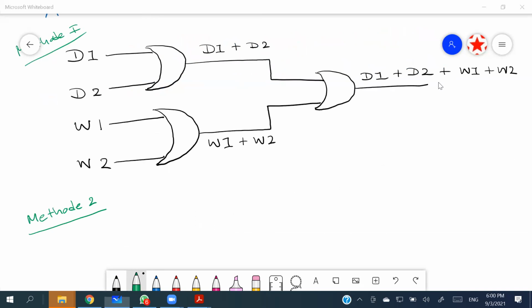And remember, people, in your question, if you are given any constraints or limitations, if the question says you can only use OR gates which have two inputs, then of course you have to draw it using the circuit which I have drawn in method one.